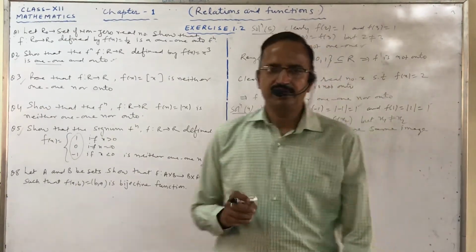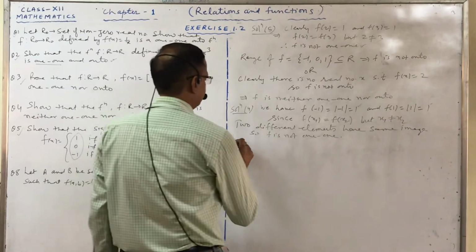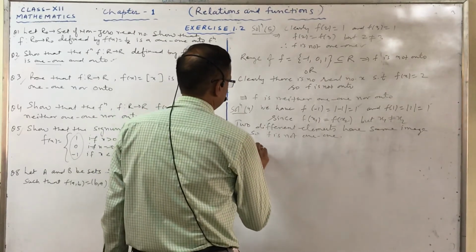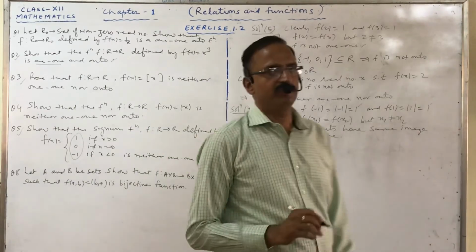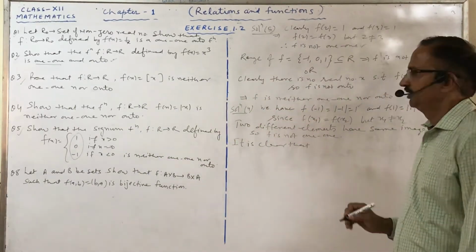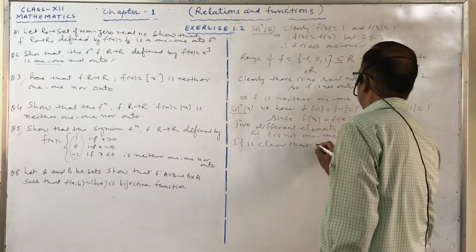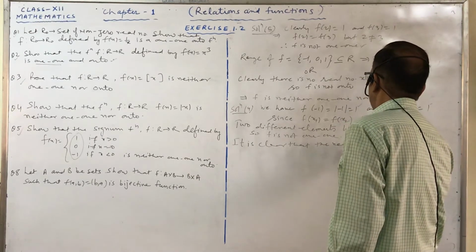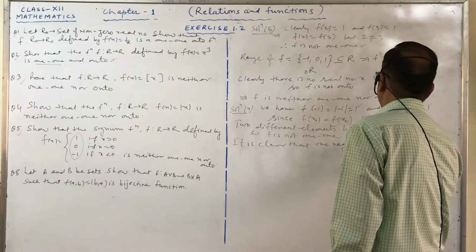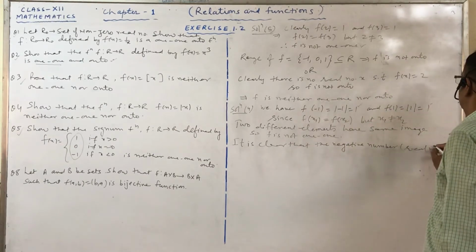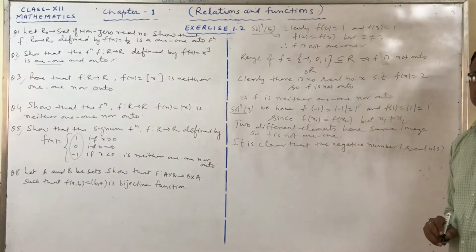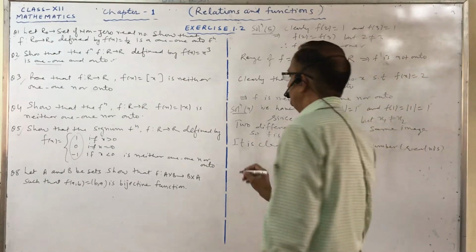So directly we can write, it is clear that the negative numbers, means real numbers, do not have any pre-image.